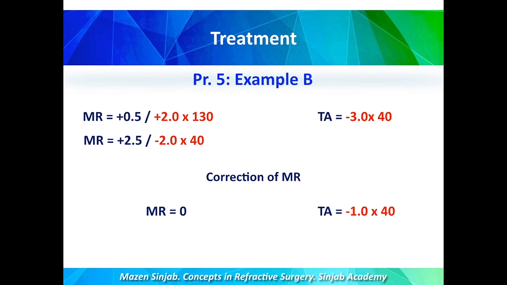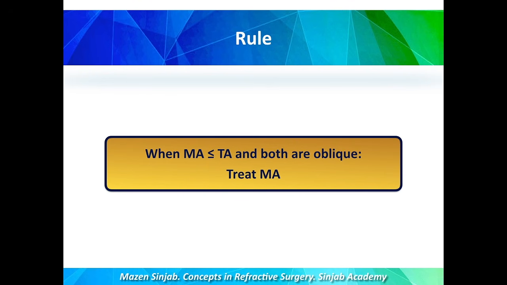So if we correct the manifest refraction, the post-operative manifest refraction will be 0, and the topographic astigmatism will be reduced, and it will be oblique but in the same direction. So the golden rule here says when manifest astigmatism is less than or equal to topographic astigmatism and both are oblique in the same direction, just treat the manifest astigmatism.